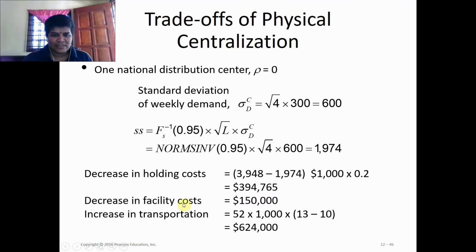The decrease in facilities cost will be 150,000, and the increase in transportation cost will be 52 times 1000 times (13 minus 10), so you will get roughly 624,000 as the increase in transportation cost.